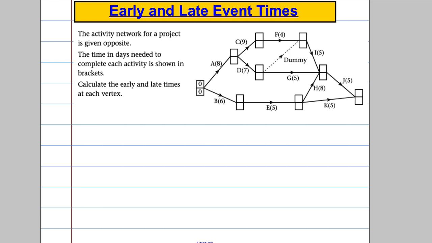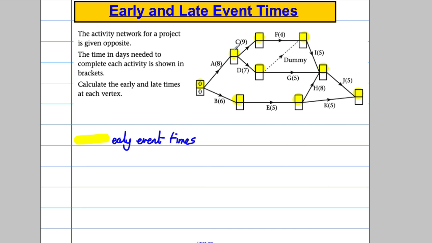Okay, so we want to calculate the early and late event times. Now the early event times are the top numbers, which I'm highlighting in yellow. So these are the early event times. Remember what they mean.